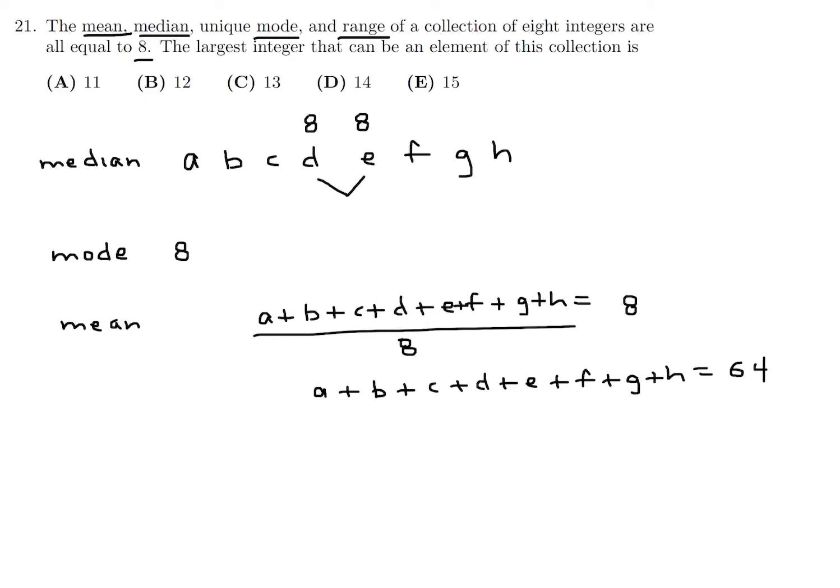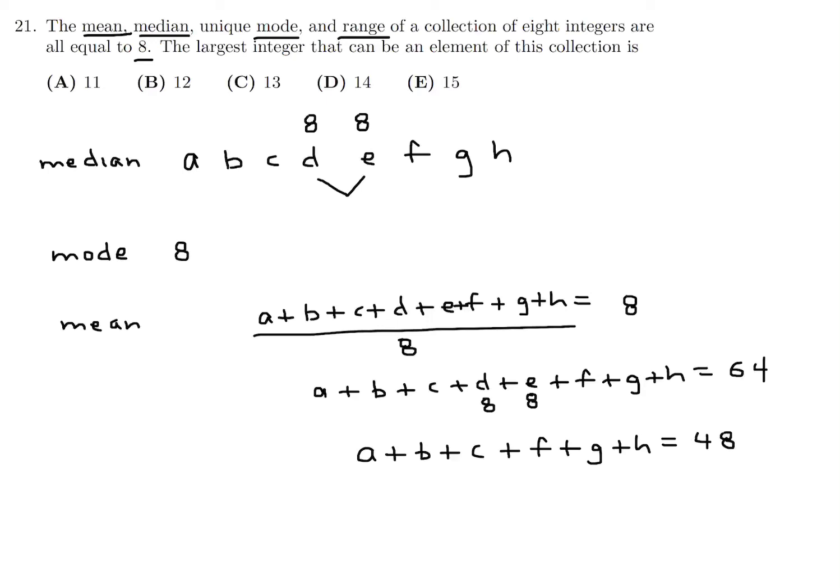So we know based on our labeling that D and E are 8, right? This one is 8 and that is 8. So I can take those out and look at the other integers. If I take out 8 and 8, the sum we're left with is 48.